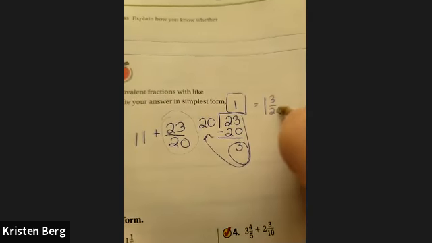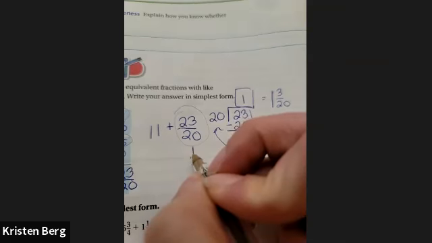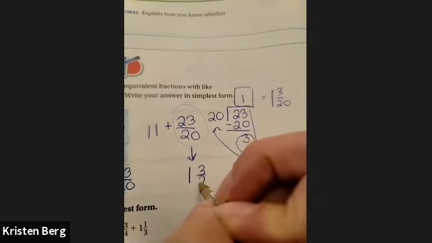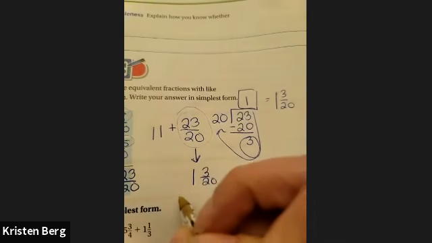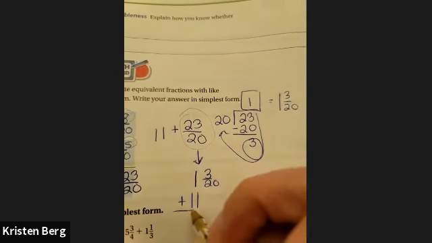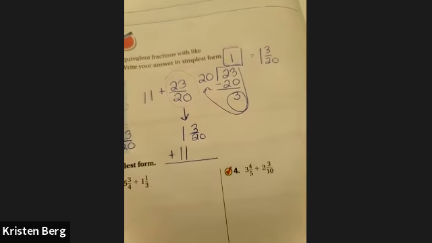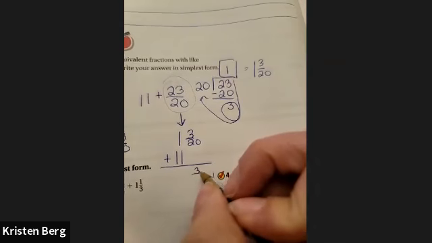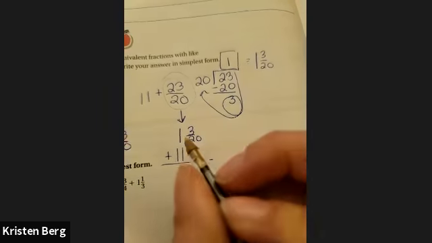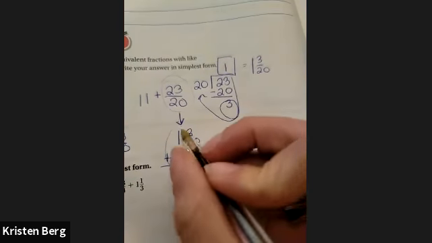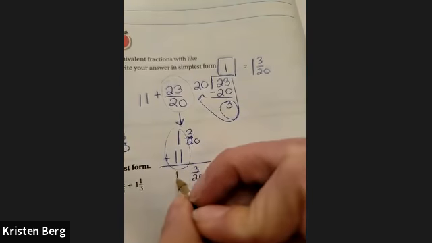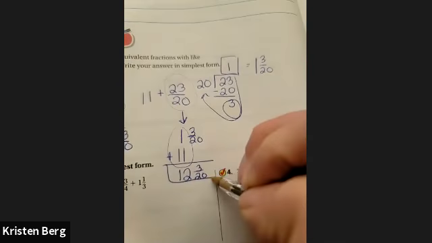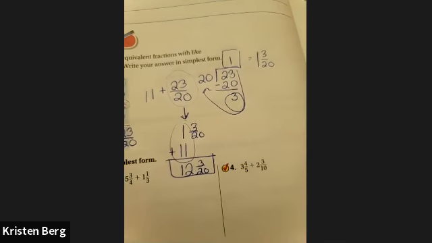So what this truly is showing is 1 whole and 3 20ths plus 11 wholes. So what is 3 20ths plus nothing? Well, that comes out to be 3 20ths. That does not change. But the only thing here is what is 11 plus 1? It is 12. So therefore, my answer would be 12 and 3 20ths for this.